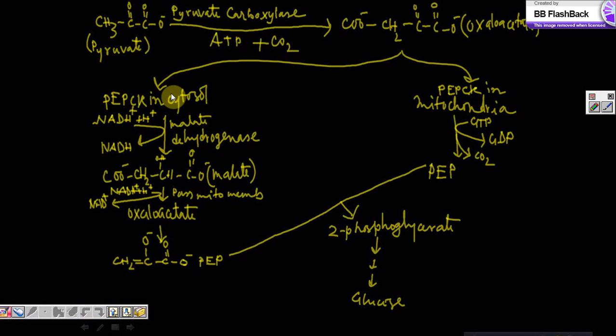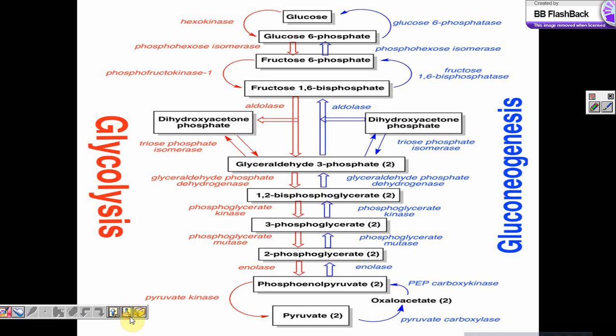This is the pathway. Before I really start, I would like to show you the complete pathway. I must say that gluconeogenesis is actually an opposite directional pathway of glycolysis.